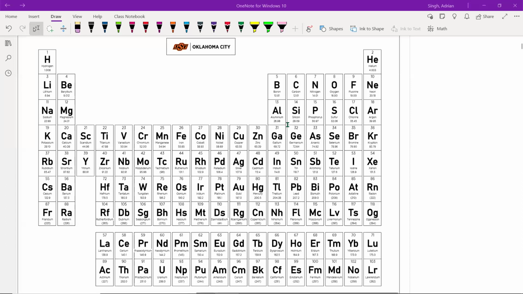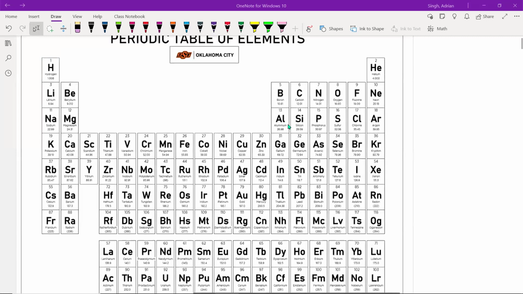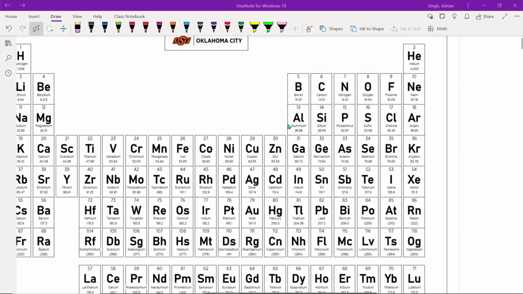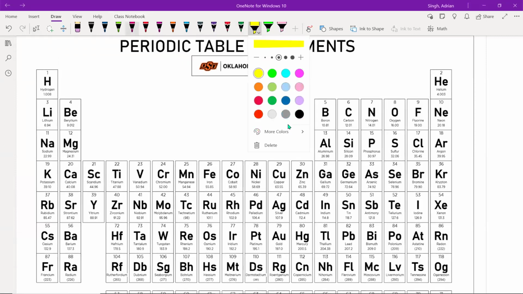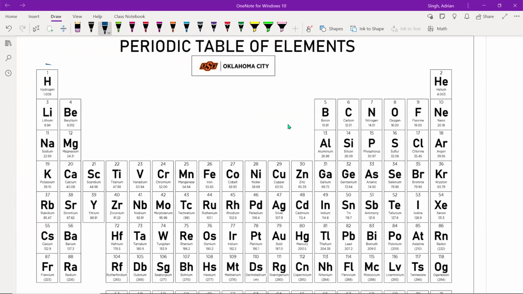So if we take a look at the most up-to-date version of the periodic table, starting with hydrogen up here on the left side and working our way across, we will see that there's an organization by increasing atomic number. Remember, when you see an entry in the periodic table, such as this one for hydrogen, we have the symbol for the element, the elemental symbol.